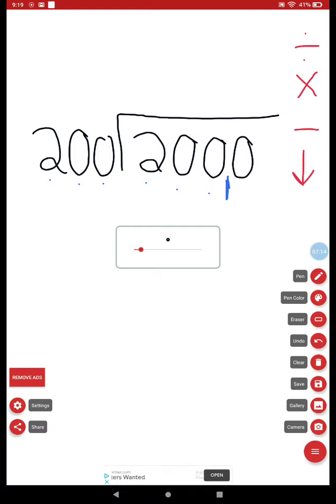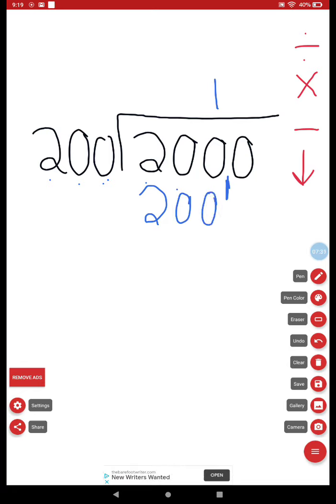Well, what's 200 divided by 200? Very good, that's 1. Let's go back to our little chant, divide, multiply. Well, what's 1 times 200? Very good, it's 200. Divide, multiply, subtract. Let's subtract that out.